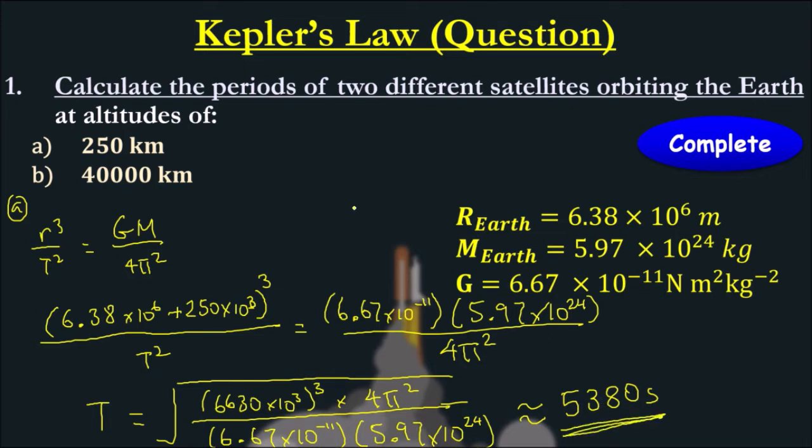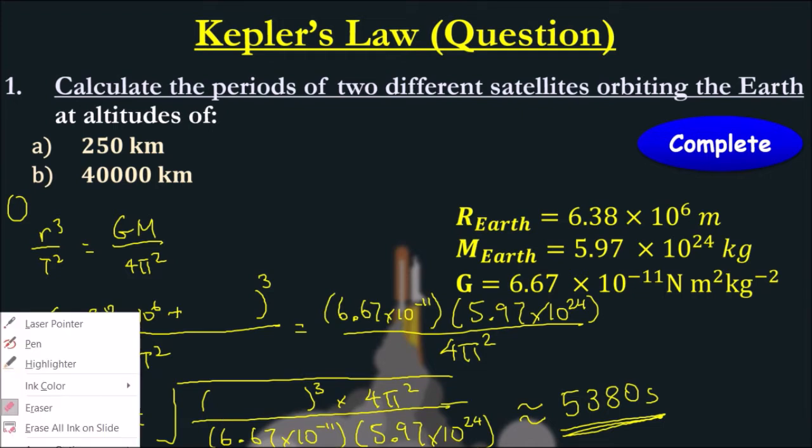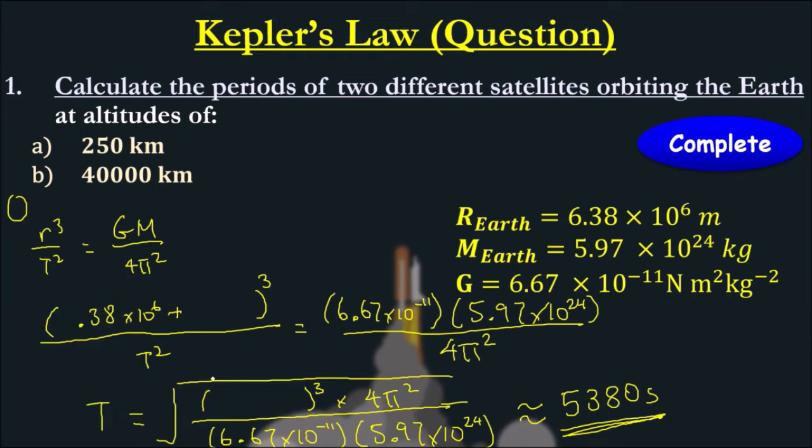You do the exact same calculation for question B, and you would get a value of that sort as well. Okay, we might also show that one as well. So I'll just get rid of some of these numbers. The working out is essentially the same. You're just swapping over some numbers.